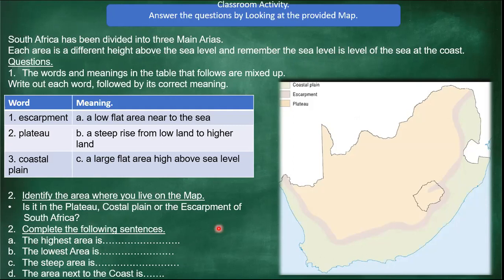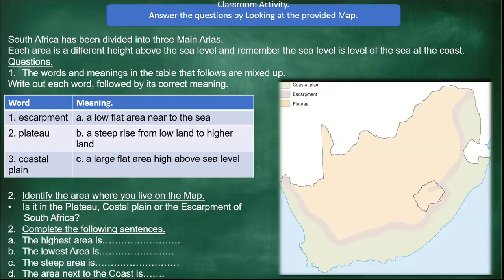The area next to the coast is... I want somebody new. Leletu.